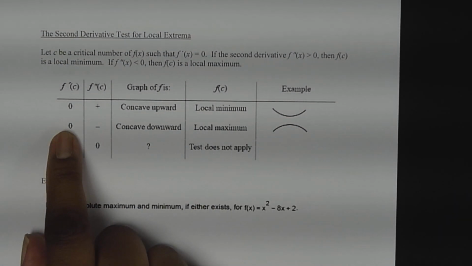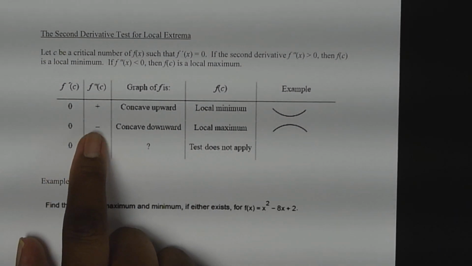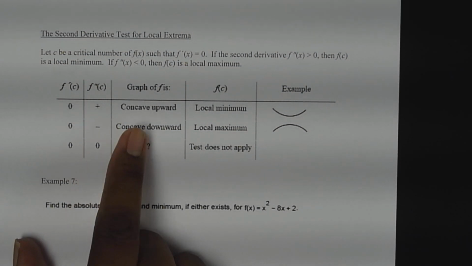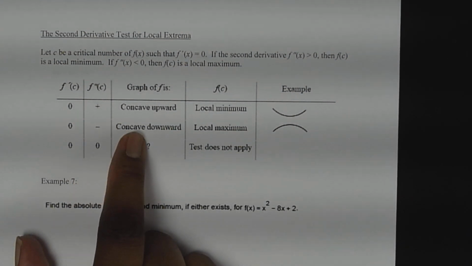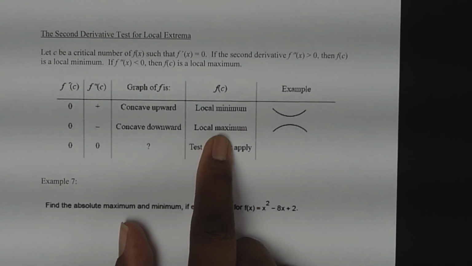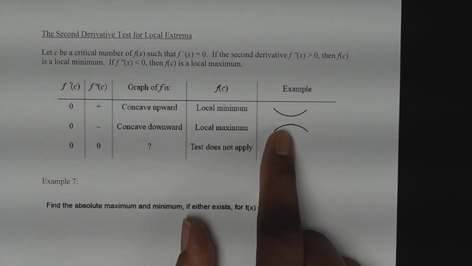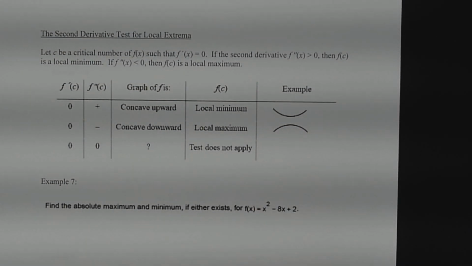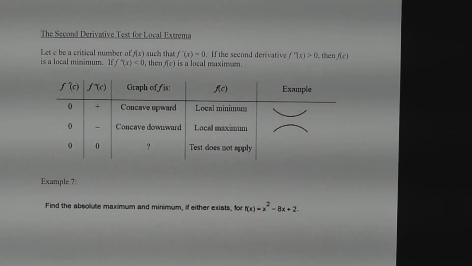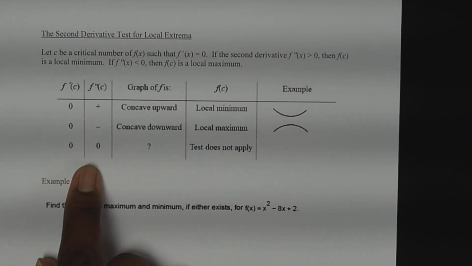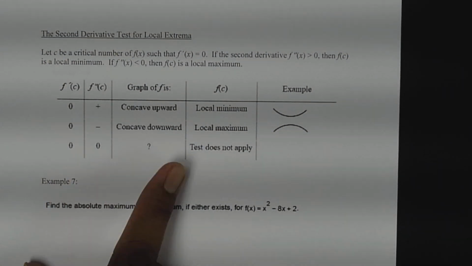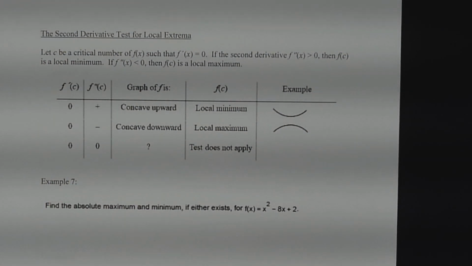But if f prime of c is 0 and f double prime of c is negative, that means your graph will be concave downward, meaning you're going to have a local maximum. An illustration of that would be something like this. You can see it's concave downward, and that means you're going to have a local maximum there. But if f prime of c is 0 and f double prime of c is 0, then the test fails.